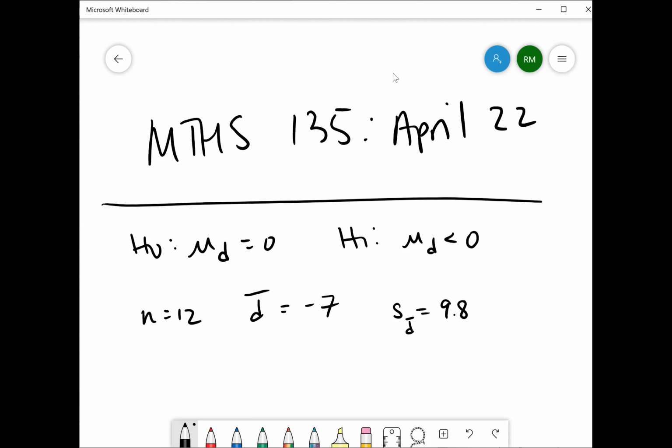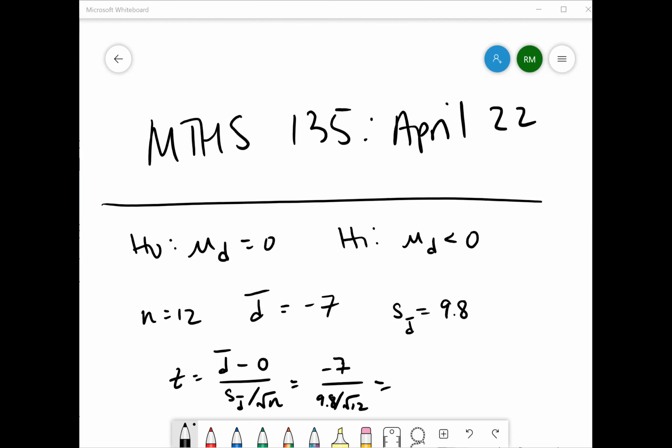So we need to calculate the t-value, and the t-value is our average difference minus 0 over the standard deviation over the square root of the sample size. In this case, -7 over 9.8 divided by the square root of 12. And let me see if I can calculate that using Excel.